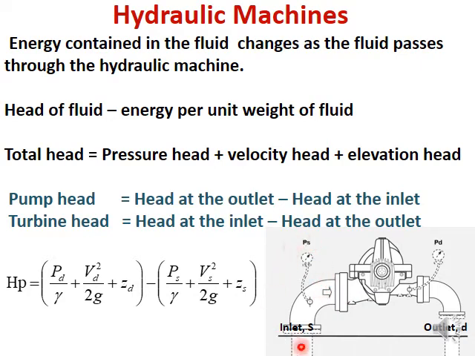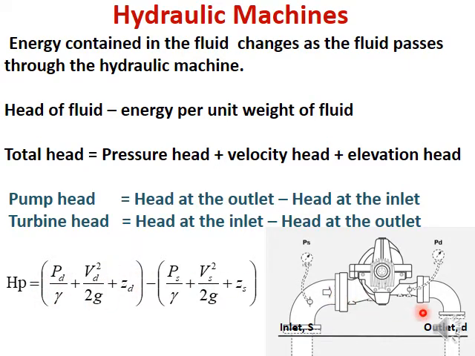Therefore, total head at the inlet can be expressed as this one, pressure head, Ps over gamma, gamma is rho g, plus V squared over 2g plus Zs at this place. Then similarly, the total head at the outlet or delivery in this case is given here.